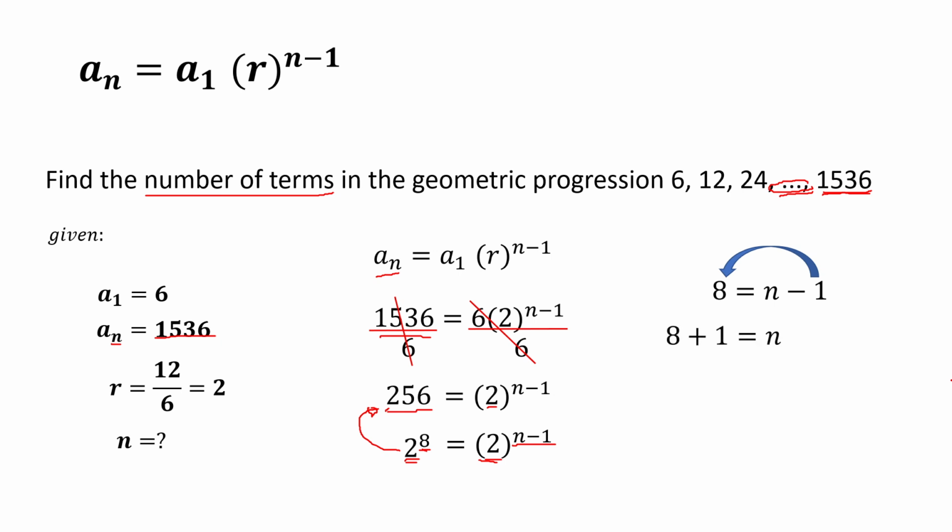So, that makes 8 plus 1. Change the sign from negative, transpose, naging positive. And you have 9 is equal to n. So, baliktarin lang natin, you have n is equal to 9. So, this is our answer. Okay, again, you have to review the laws of logarithm to solve this kind of problem.